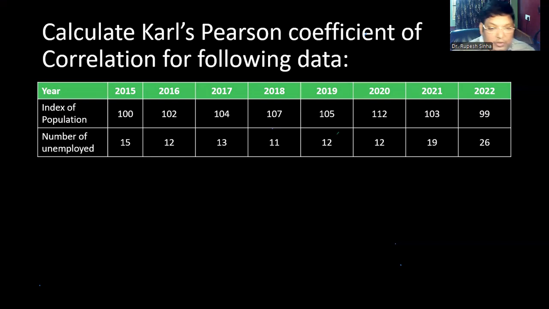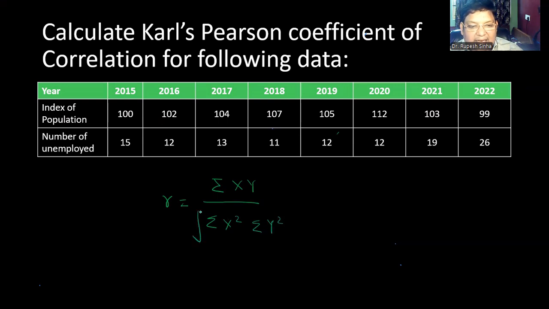In the meantime, I'm going to write the formula for R. R equals summation XY divided by the under root of summation X square into summation Y square.